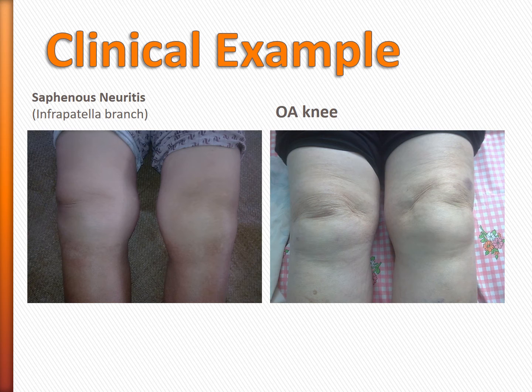In OA knee, there is a general local inflammation in the synovial fluid and the tibiofemoral joint capsule. However, saphenous neuritis is due to overuse of the adductor muscle compressing the saphenous nerve and causing the medial part of the knee to become inflamed. On palpation, you can feel warmth and tenderness in the medial knee, and therefore the treatment is to release the tension of the adductors.